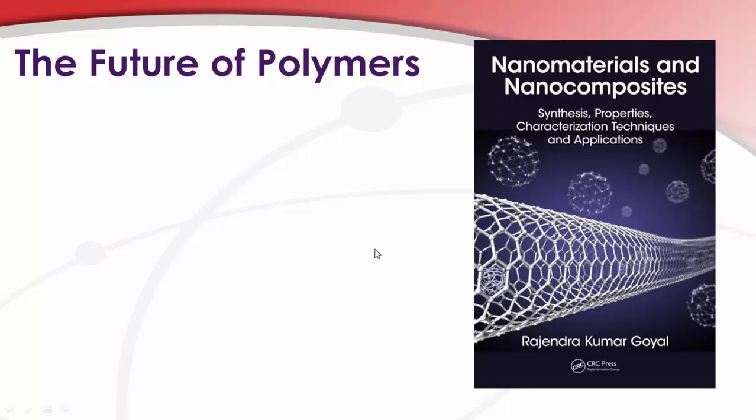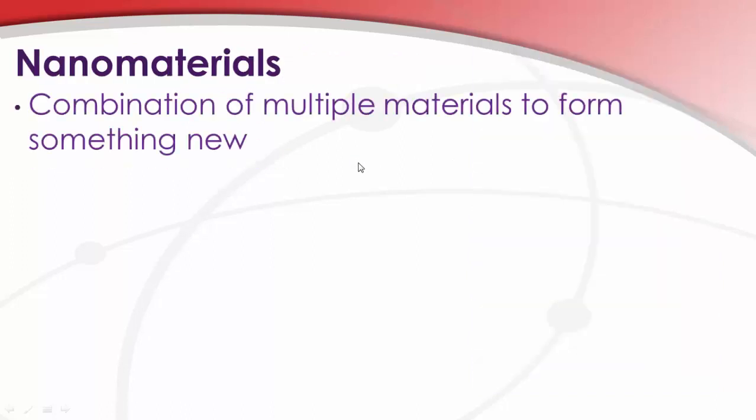Now, polymer chemistry is in some ways a very mature science. However, there have been some very interesting innovations in recent years. In fact, there is a lot of interest being paid to the ideas of nanocomposites and nanomaterials in general. So a couple of quick notes about that.